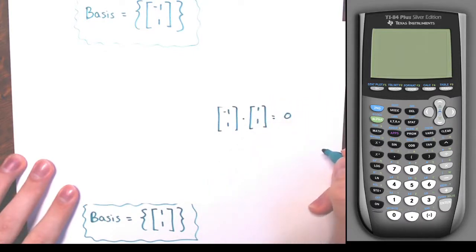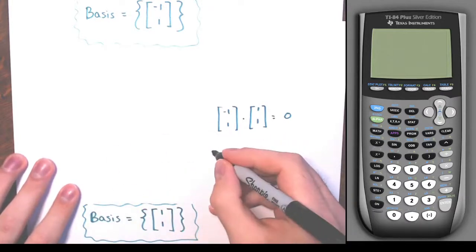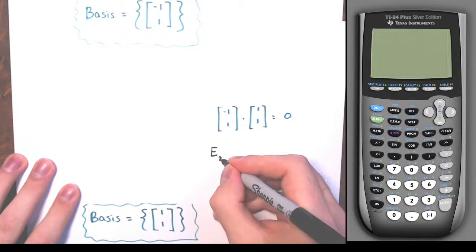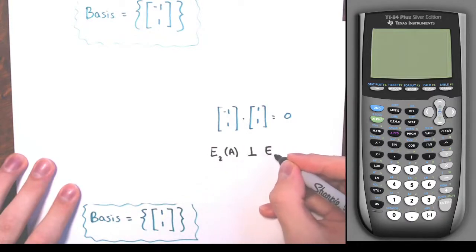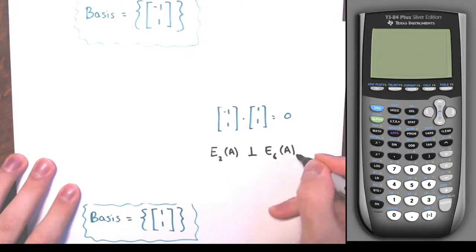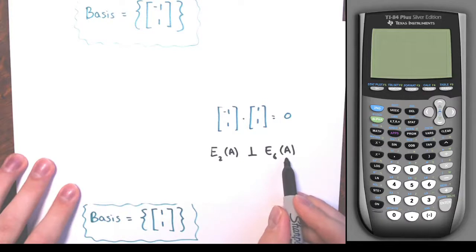So that tells me that the eigenspace corresponding to 2 is orthogonal to the eigenspace corresponding to 6. If you took any multiple of negative 1, 1 and did the dot product with any multiple of the vector 1, 1, you're going to get 0.